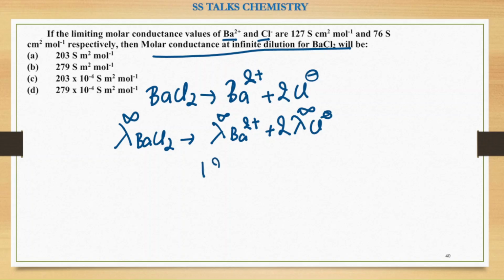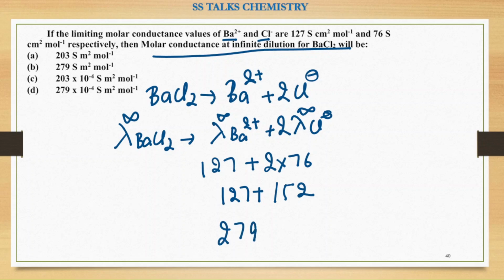So it is 127 plus 2 into 76, which is 127 plus 152, that is 279 Siemens centimeter square per mole. This is going to be your answer.